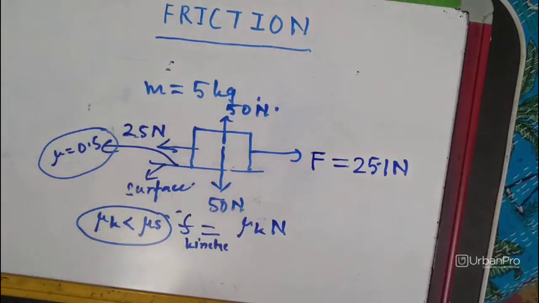You will probably need 4 men to pull the car to the gas station. But once the car starts moving, maybe just 2 men can do the job of pulling the car to the gas station, which means friction kinetic is always less than the static friction.